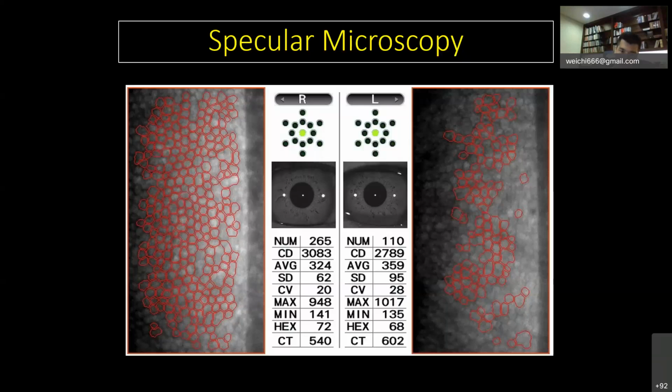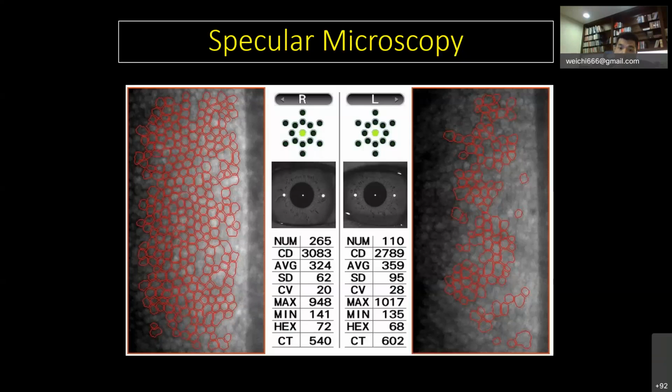So you have to be careful before conducting surgery on your patient, especially surgery involving the anterior chamber, because the endothelium, the innermost layer of the cornea, is responsible for pumping fluid out of the cornea so that the cornea stays transparent and dry.